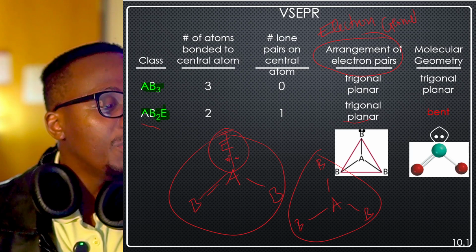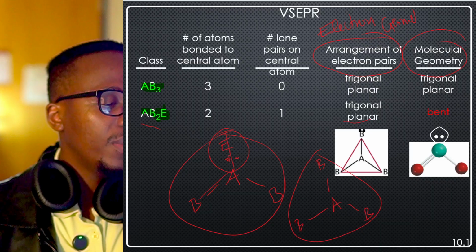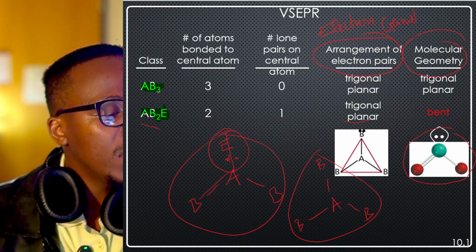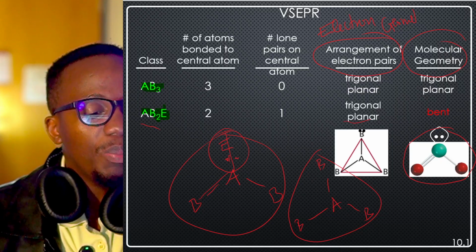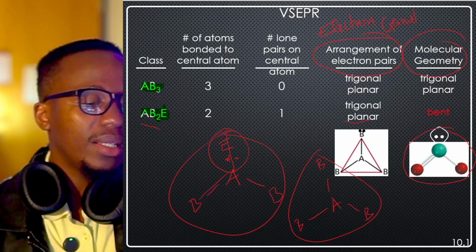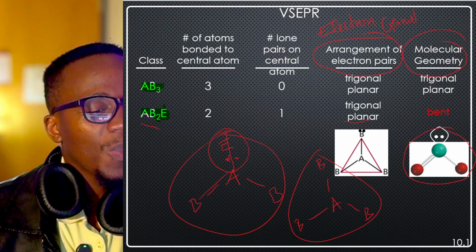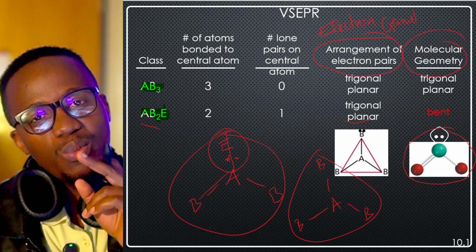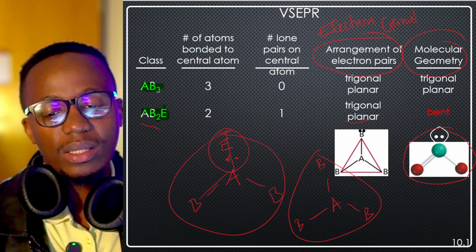But when you're looking at molecular geometry, this will be bent. It's no longer trigonal planar because you don't have anything at the top. So when you have one thing bound to three things, trigonal planar. But when you have one thing bound to two things and an electron pair, it becomes bent.